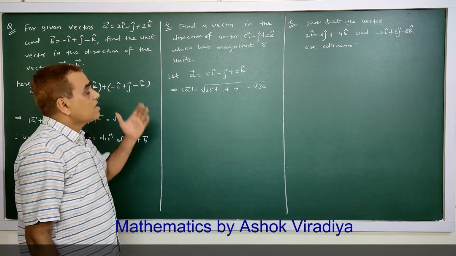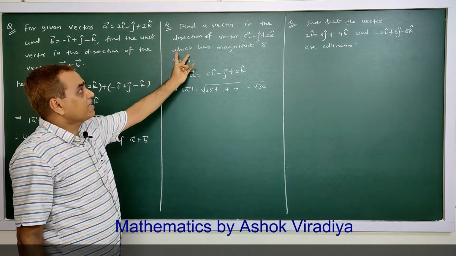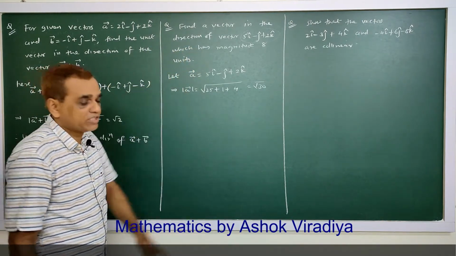Now we need a vector in the direction of given vector which has magnitude 8 units.